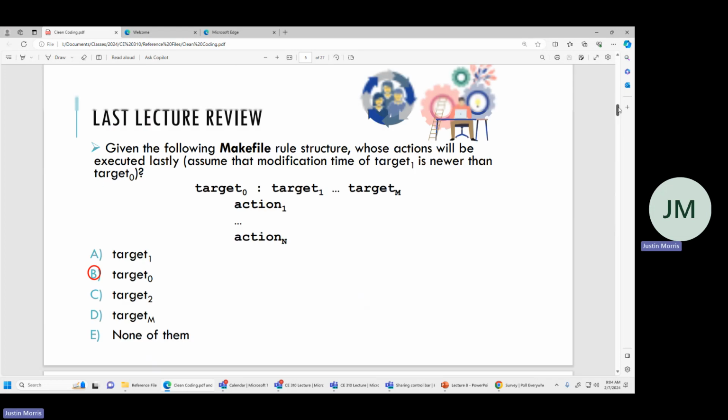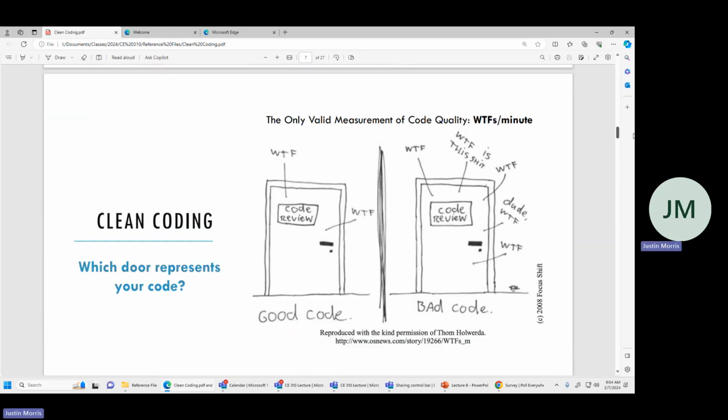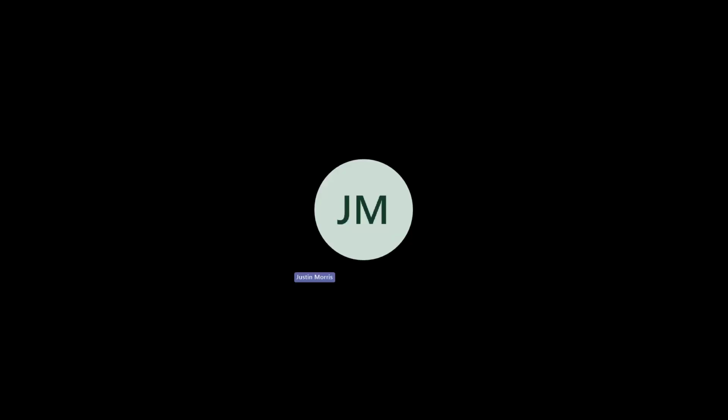We don't want to get used to it after we've been through this thing. You want to go to your first code review on this side, not this side. Okay, so that's all for today.